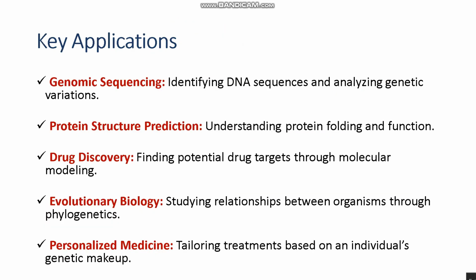Okay, the key applications: genomic sequencing. First of all, the key application of bioinformatics is sequencing, identifying the DNA sequences, RNA sequences and protein sequences, and analyzing the genetic variations. In genetic variations, we have one reference sequence, and the others are individual sequences, maybe from a patient.